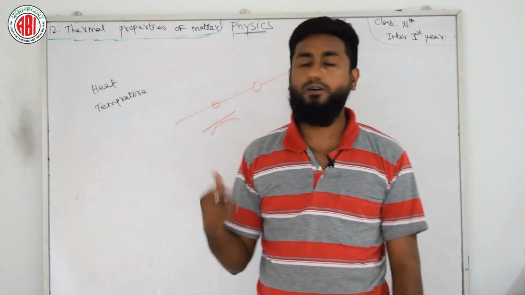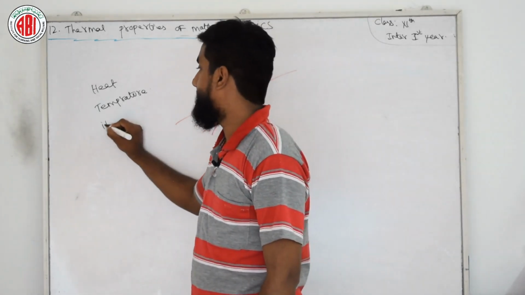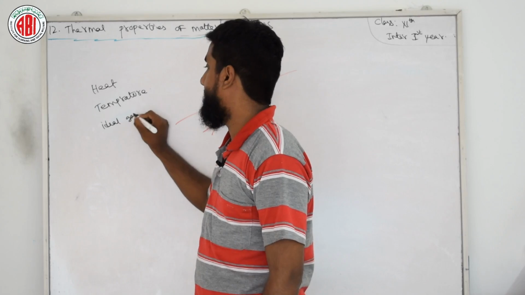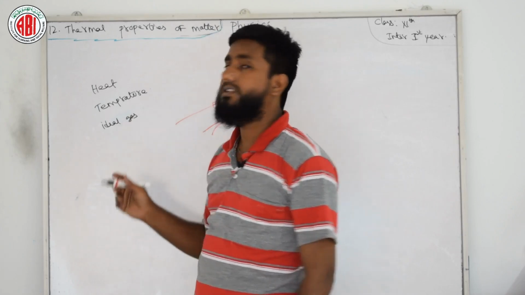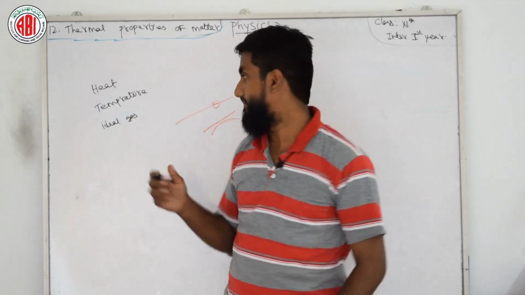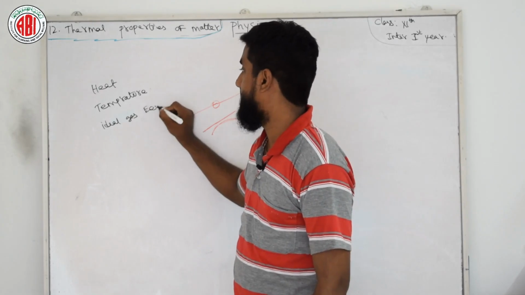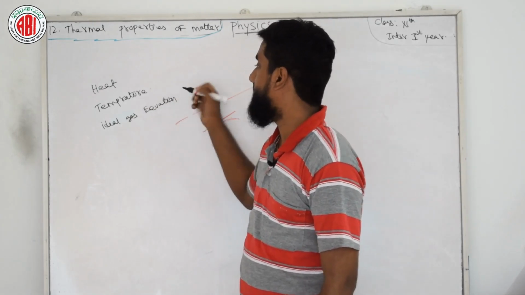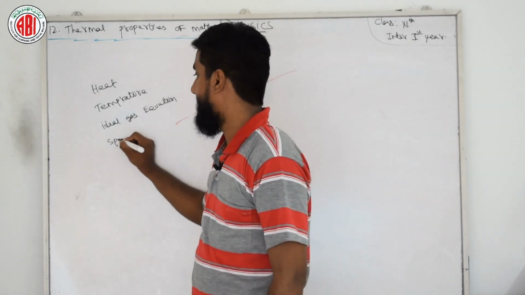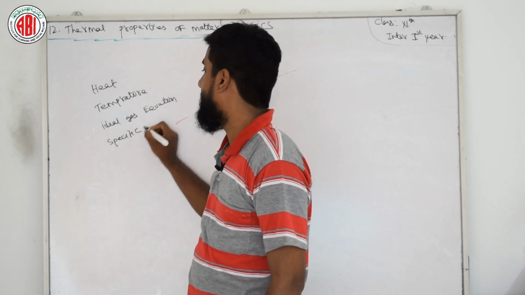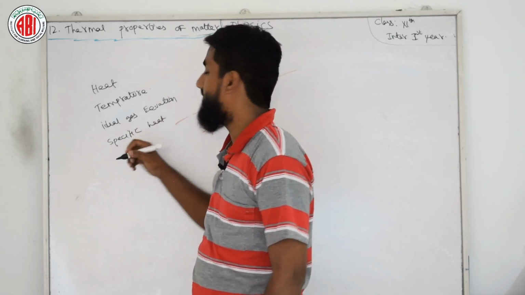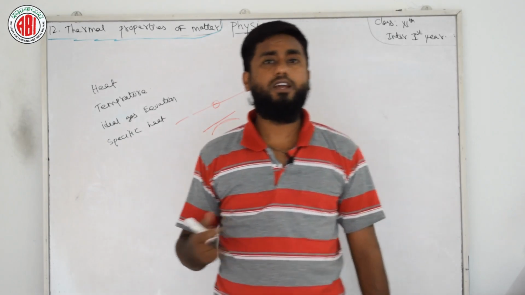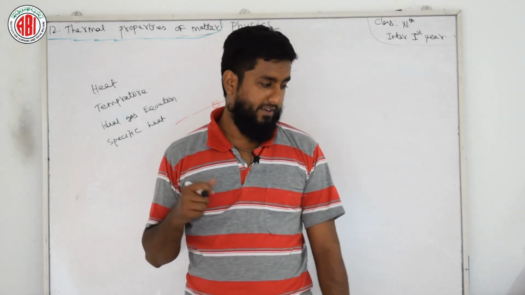After that, we came across the ideal gas equation, and we told the relation of absolute temperature after the ideal gas equation. After that, we came across specific heat. This is one of the important topics, but very short, you have to learn. After that, we learned what calorimetry is.